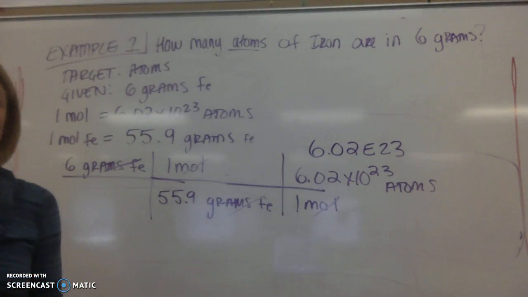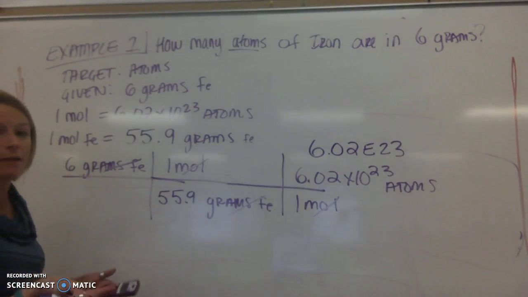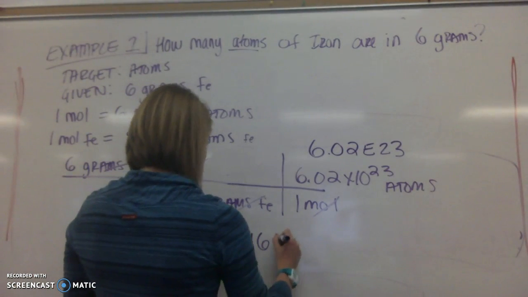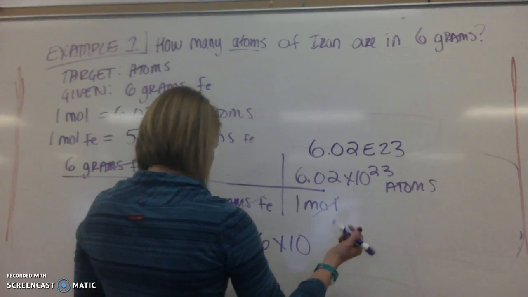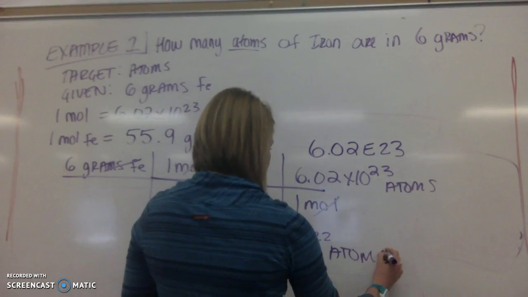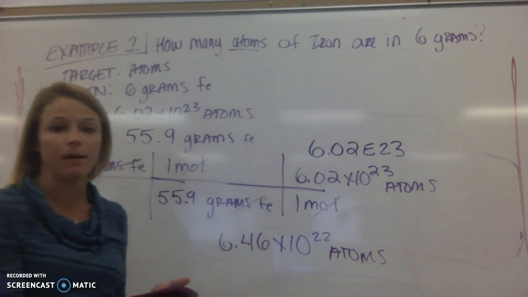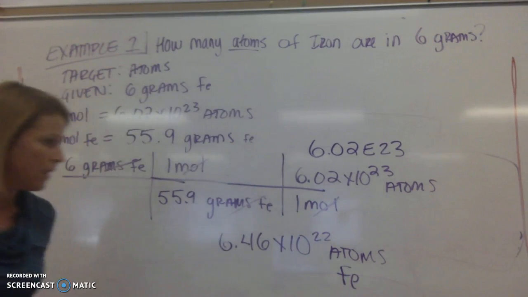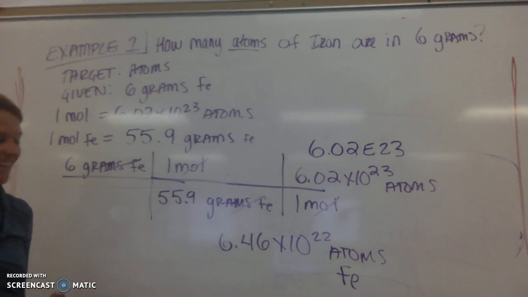And I get a really big number, but that makes sense because we're talking about atoms and atoms are really small. 6.46 times 10 to the 22nd atoms. And atoms of what are we talking about? We're talking about iron. Atoms of iron in the average human body. Cool, huh? I think that's cool.